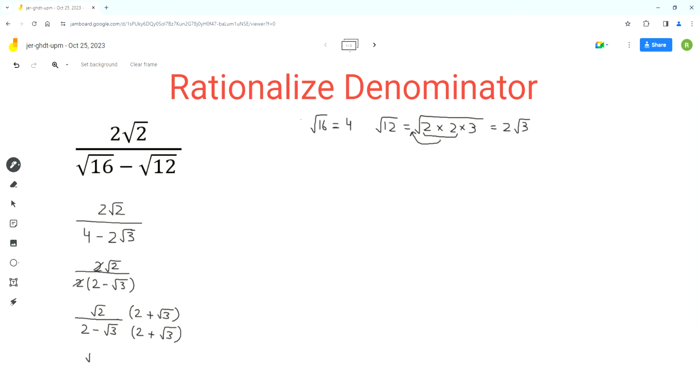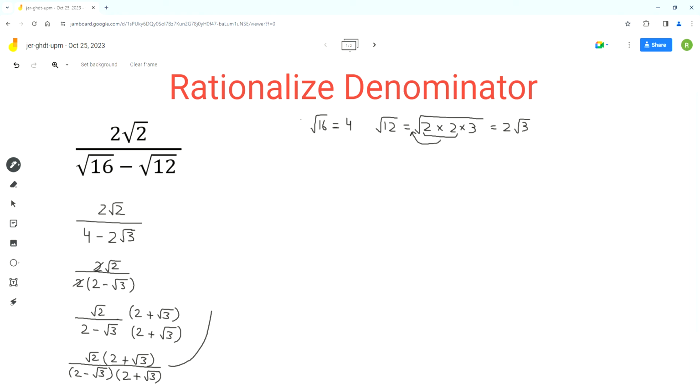Now we can rewrite the expression. In the numerator, we do square root of 2 times 2 plus square root of 3. And in the denominator, we have 2 minus square root 3 in parentheses, and the second one, 2 plus square root of 3.